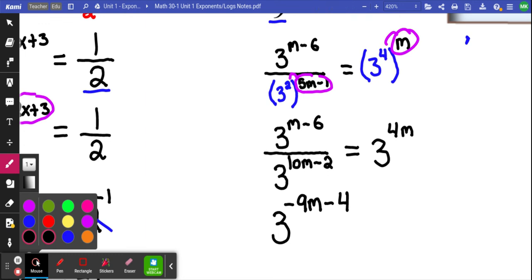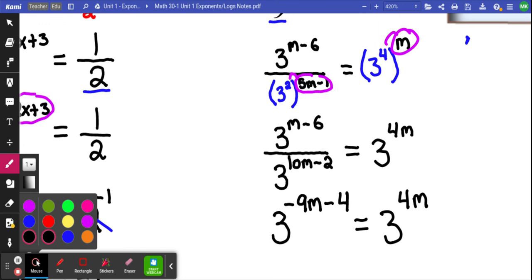So it's like negative 6 plus 2. Equals 3 to the power of 4m. I suspect, if that was a test question, most people would have negative 9m minus 8. And that's because you just went negative 6 and then negative 2. But it's minus negative 2.